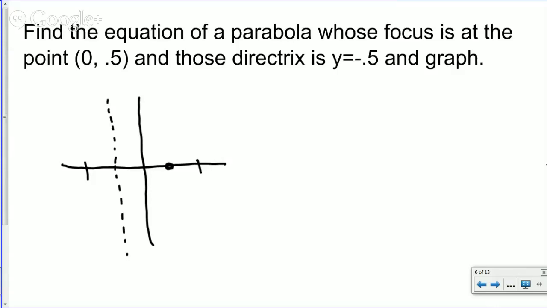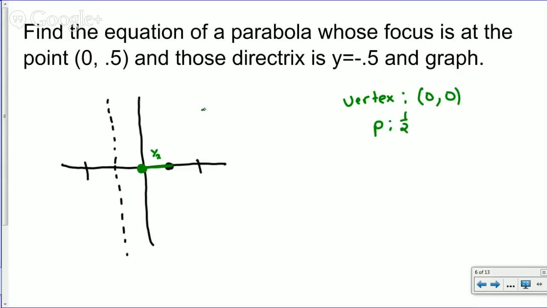Okay. Now, halfway between those 2 points is my vertex. So the vertex is at 0, 0. And we've got our p-value. The p-value is the distance from your vertex to your focus, which is 1/2.